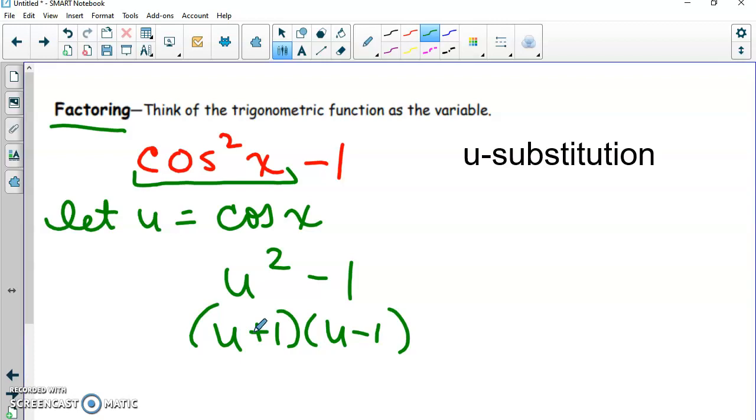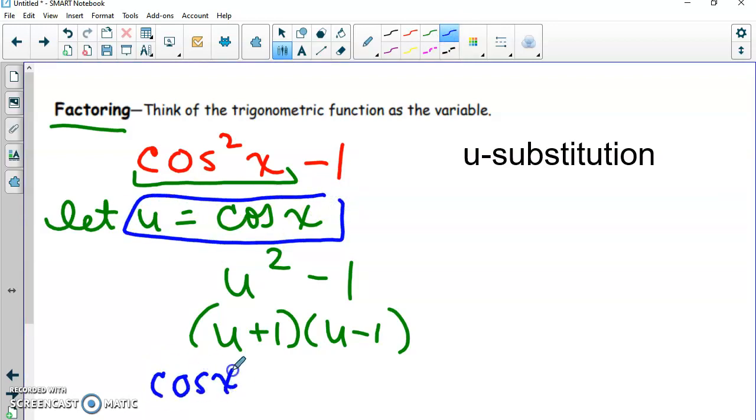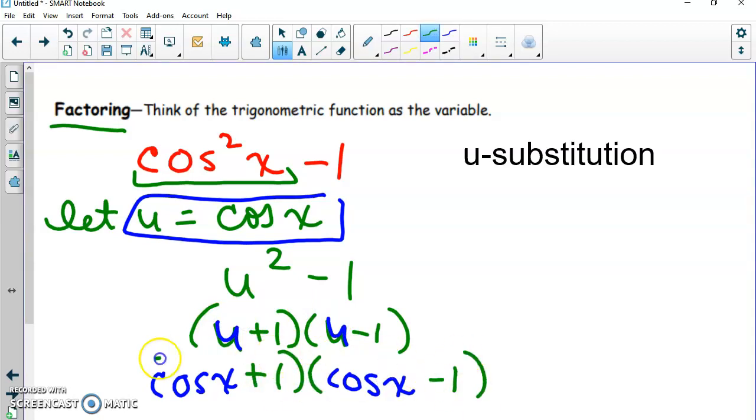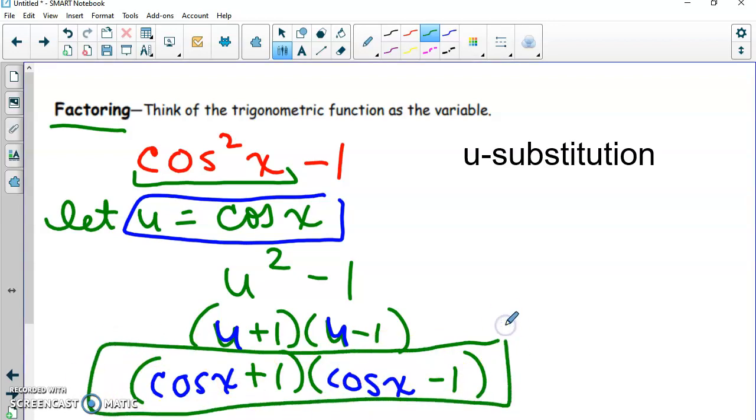You need to go back and make sure you rewrite what u was. So plug back in cosine x wherever you see the letter u in your factored form here. So cosine squared x minus 1 factors into cosine x plus 1 and cosine x minus 1.